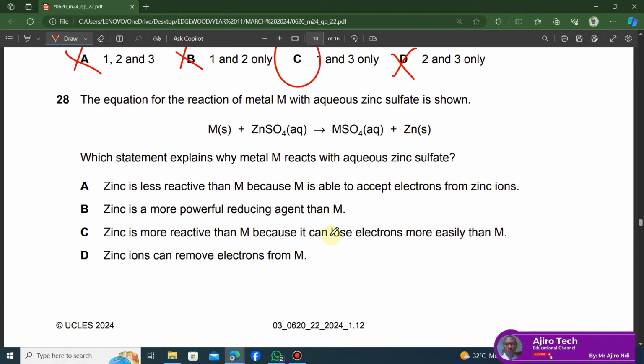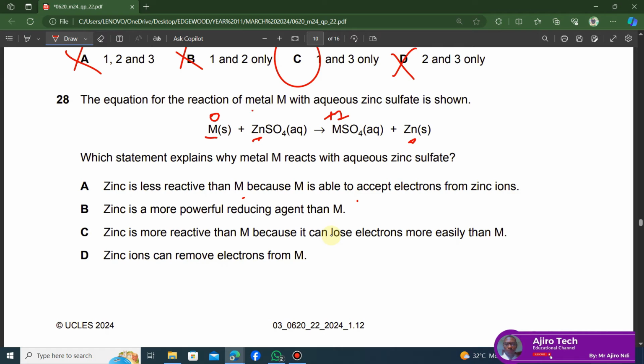Okay, so we have this equation for the reaction of metal M with aqueous zinc sulfate. Which statement explains why metal M reacts with aqueous zinc sulfate? For metal M to displace zinc from zinc sulfate, that means metal M is more reactive than zinc. Zinc is less reactive than M, yes, because M is able to accept electrons from zinc? No, M is not accepting electrons from zinc, because if we look at the oxidation numbers, M is oxidation number 0, but it is plus 2 here.